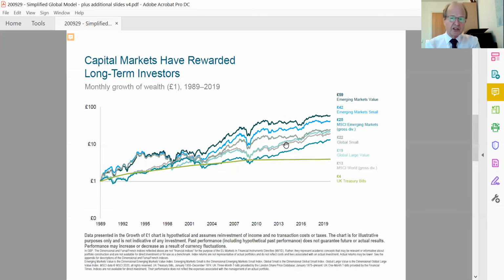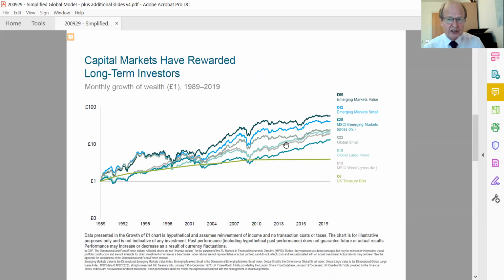So this chart over 30 years shows the returns on different classes of investment. For example, investing in treasury bills, short-term bills over 30 years with interest reinvested would give a total of £4.